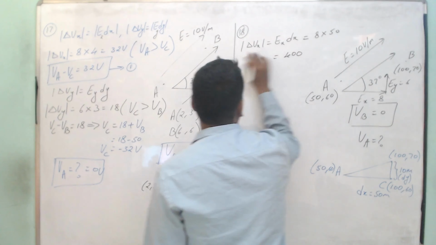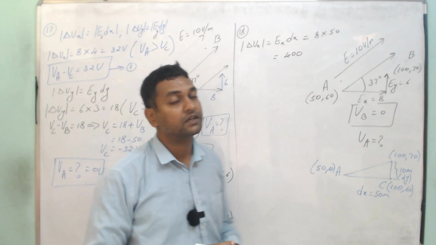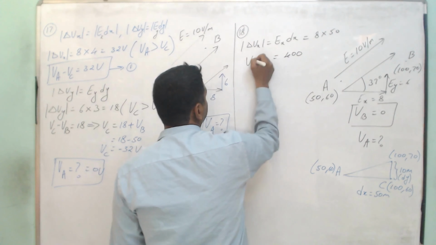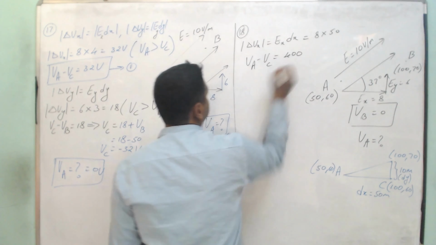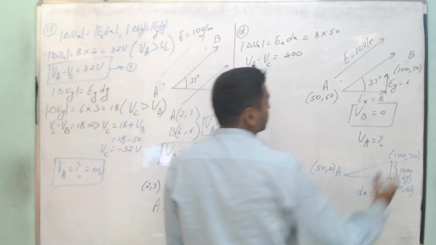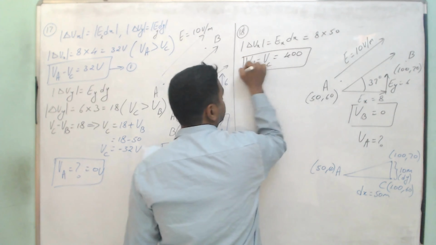What is my delta Vx? Va minus Vc or Vc minus Va? Va minus Vc is equal to 400. He has not given us Va or Vc, so I will take this as my first equation.